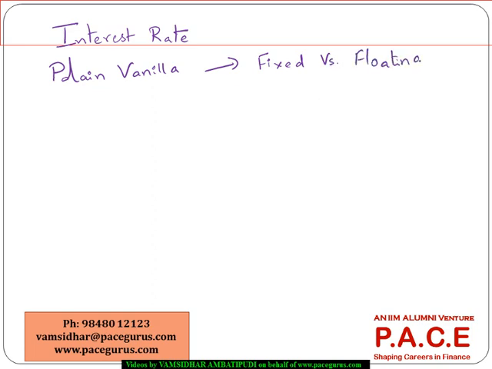One party pays fixed and receives the floating. This is the typical plain vanilla interest rate swap.